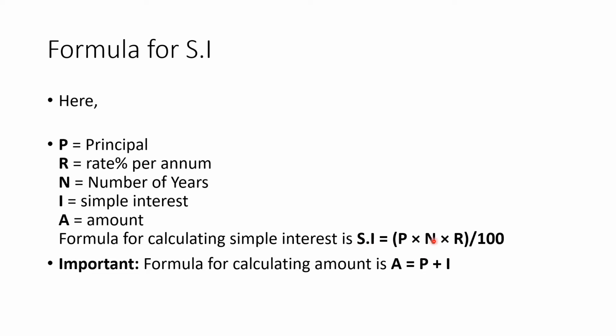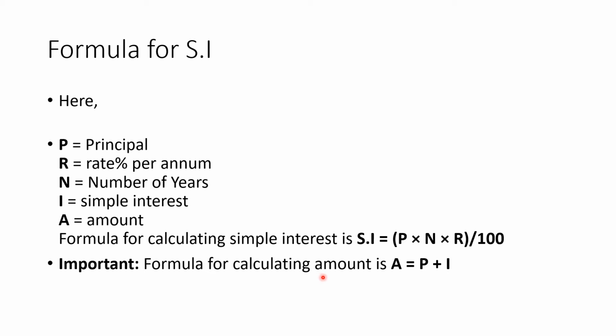SI equals PNR by 100, where SI is the simple interest, P is the principal, that is the original amount that we are getting from the lender, N is the number of years, and R is the rate, interest rate, which is per annum, that is per year. And always remember, N is the number of years. It should be in terms of years. And R is the rate of interest per annum.